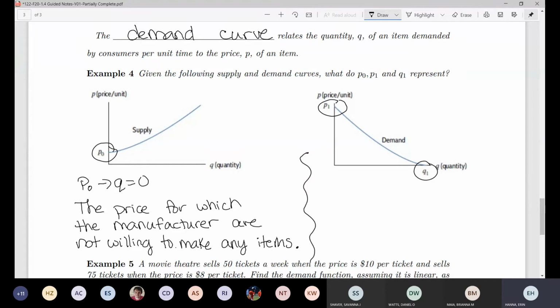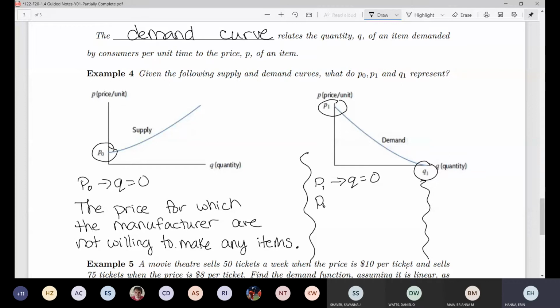Whereas now we go over to our demand curve and we've got this P sub 1. So I've got to be careful because I've got two things I've got to write here. This is our y-intercept, so that's still going to mean that our quantity here is 0. But here this is demand. So this is saying I'm going to have 0 things demanded if the price is whatever P sub 1 is. So I go out to the people and I say, these radios are going to cost $500. And they're like, no. I'm like, okay, sorry.